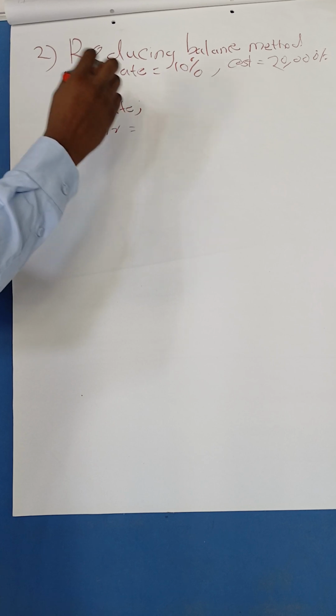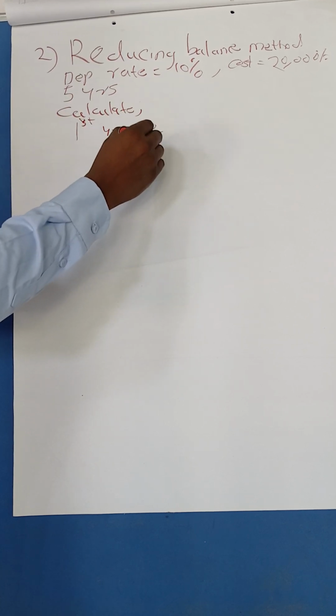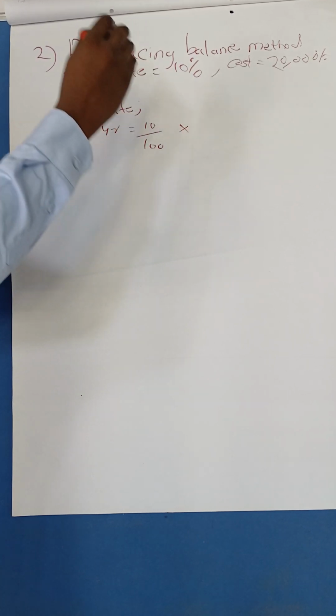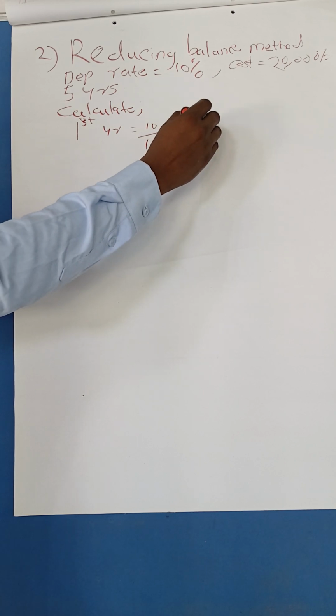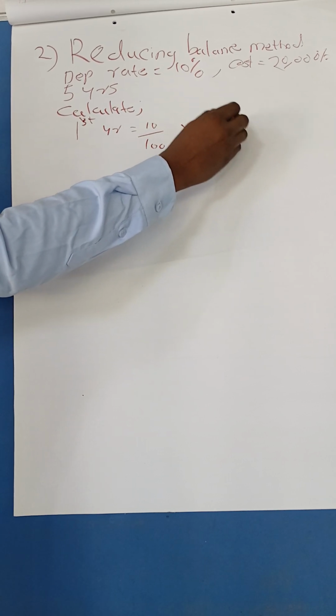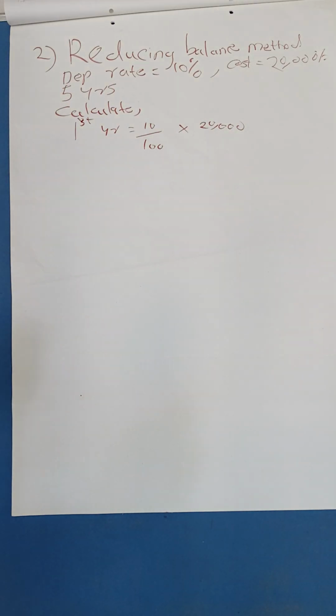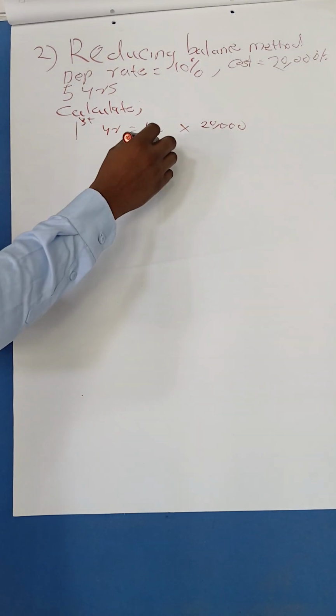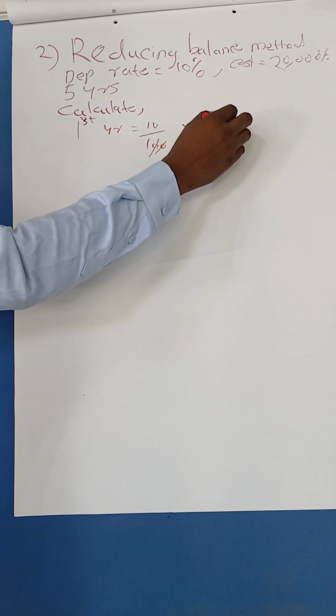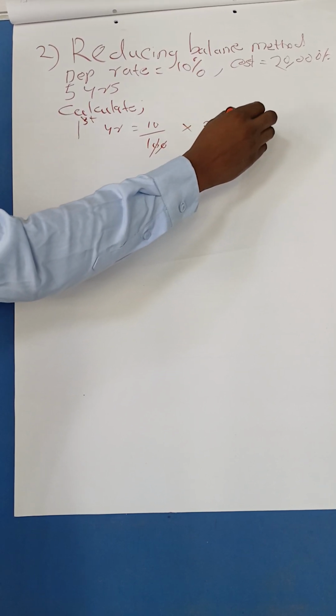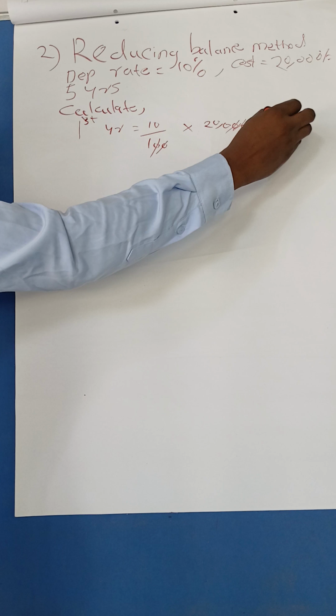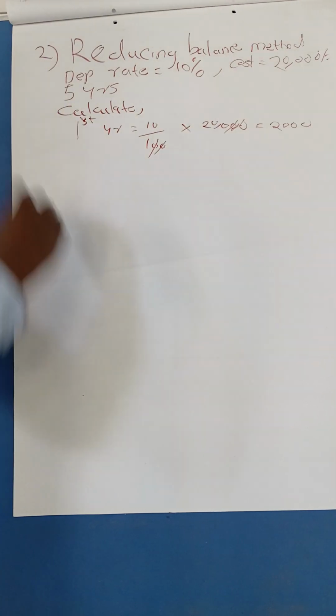It will be equal to the 10% rate multiplied by the cost, which is 20,000. So the depreciation, the value the machine lost in the first year, will be 2,000.